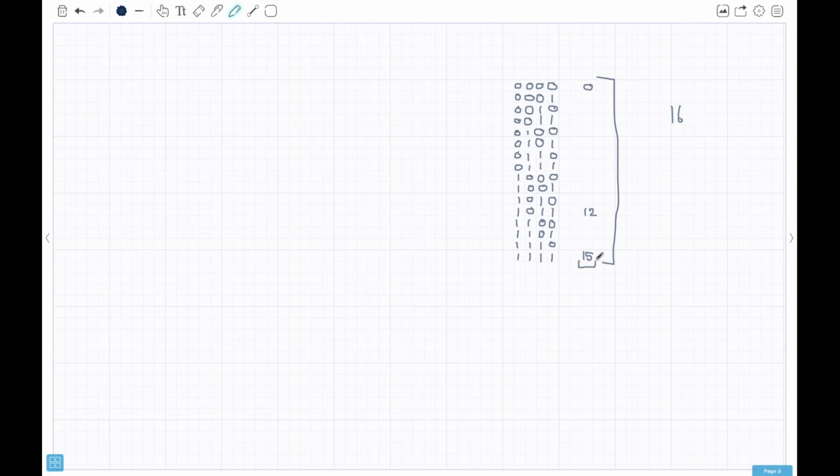And that's a really important part, because adding 1 to this next column, you repeat. What did we say? You alternate these every 1. You alternate these every 2. You alternate these every 4. You alternate these every 8. You alternate these every 16. So 16 is actually 1, 0, 0, 0, 0.